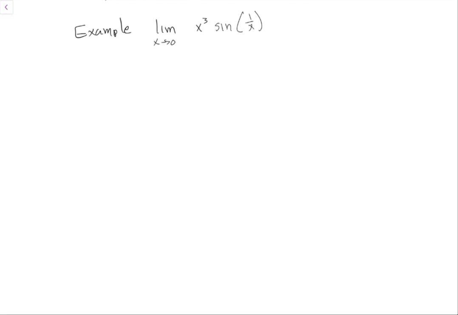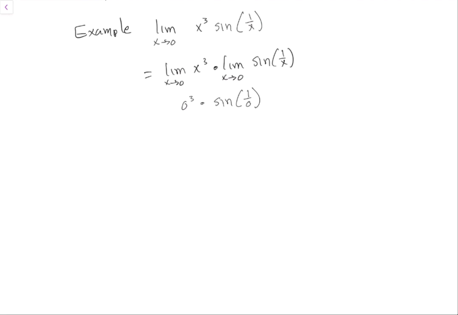Now in this case, I would love if I could use the limit of the product as being the product of the limits, and then direct substitute. So in the first expression, limit of x cubed, I'm going to get 0 cubed. And in the second expression, I'm going to get the sine of 1 over 0, which obviously won't be defined. 1 over 0 is undefined, right? So as x goes to 0, I'm getting the sine of undefined.